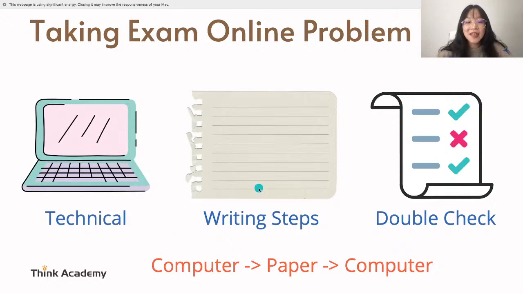If they're writing down the steps, they're going from the computer to their paper and back to the computer. So you can often see students copy a number wrong, or calculate wrong on their scratch paper. When they fill it back in on the computer, there's also the chance to make mistakes. So this process really tests the student's patience as well as their attention to detail.